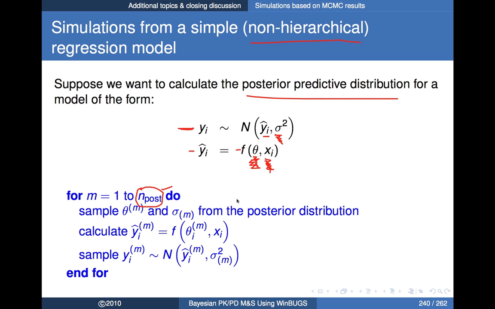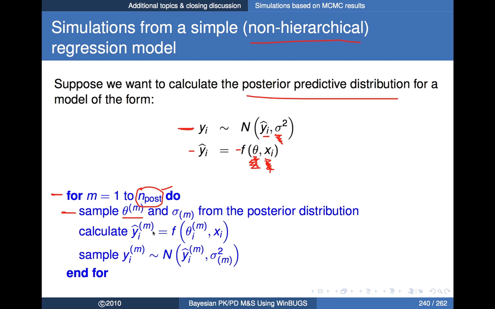So what we're going to do for an algorithm to generate this posterior distribution is, for each one of those posterior samples, from m equals 1 to n post, we're going to do these three steps. First, we're going to sample a particular posterior draw from a particular iteration, which we'll call m here.